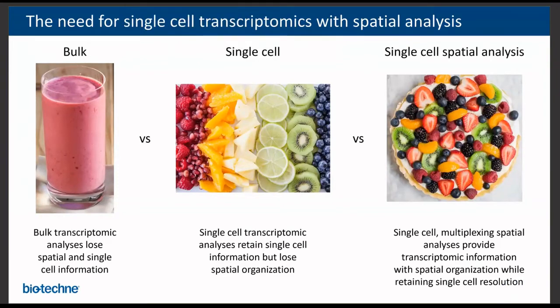As I mentioned earlier, this combines the best of both worlds, so to speak. Going back to the fruit analogy, as you can see on the far right side, instead of an average blended smoothie with mystery ingredients, you can see all the fruit and how it is spatially arranged.